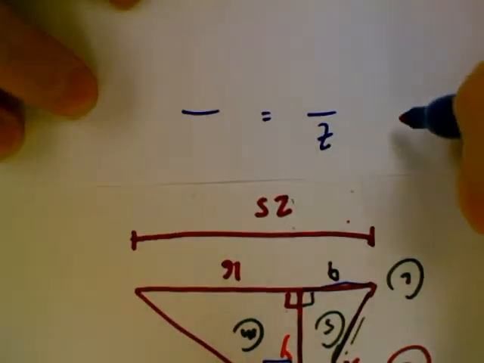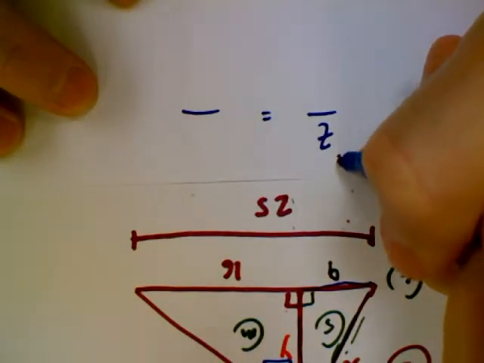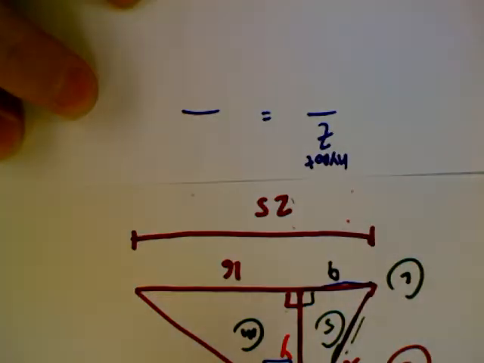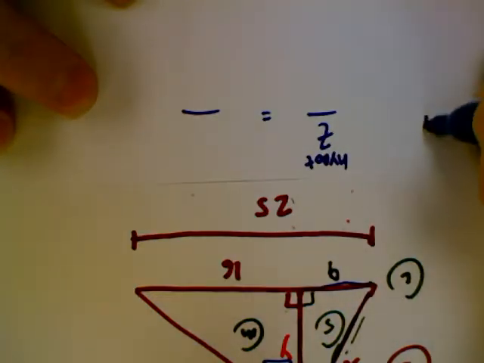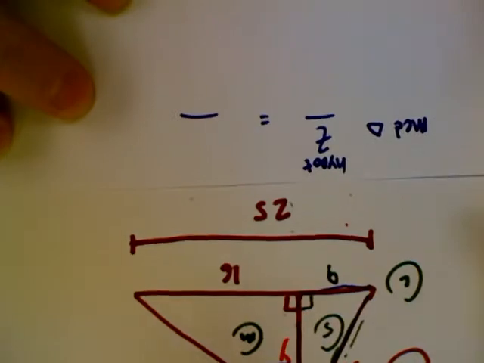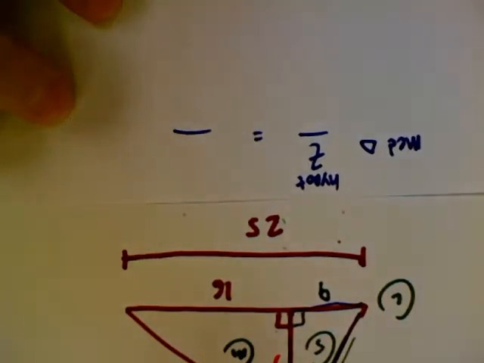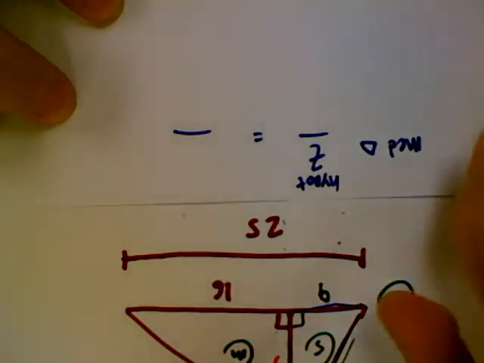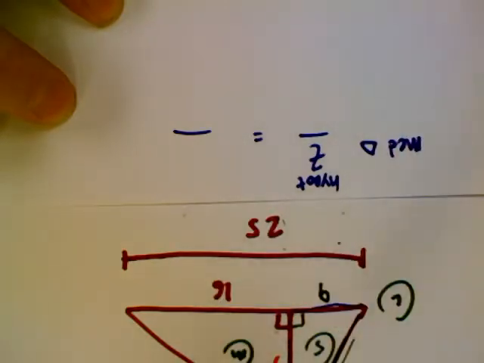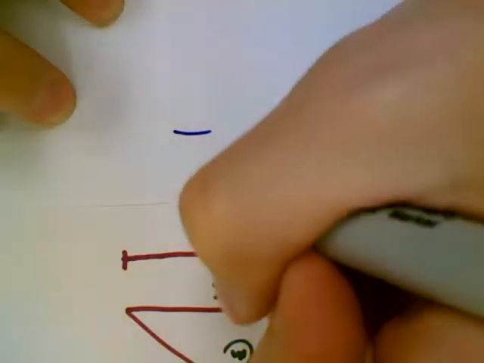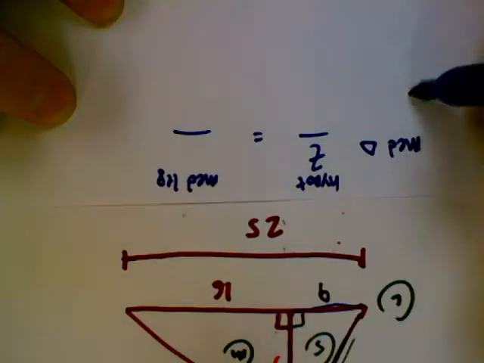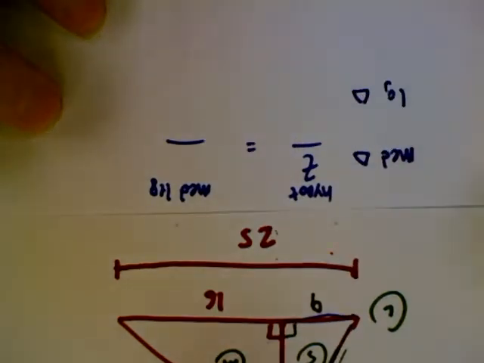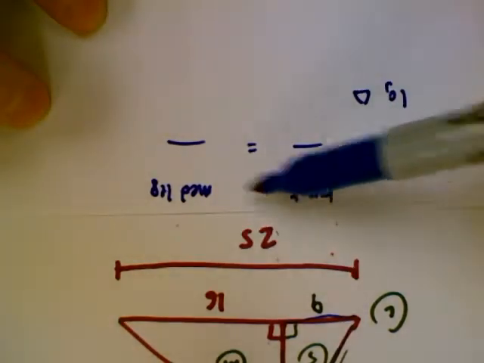So we said z was the hypotenuse of the medium triangle. And we also said that it was the medium leg of the large triangle. So I'm going to use that too. Make sure that when you do this, you set up triangles on one side, sides on the other.